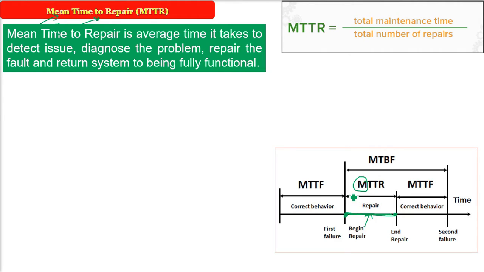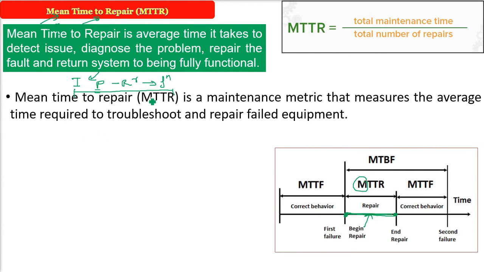So MTTR is the average time it takes to detect the issue. Mean time to repair is an average time. First we have to detect the issue, then we need to diagnose the problem, and then we have to repair the fault or the error or the bug, and then the system returns to its functionality. So MTTR, mean time to repair, is a maintenance metric.